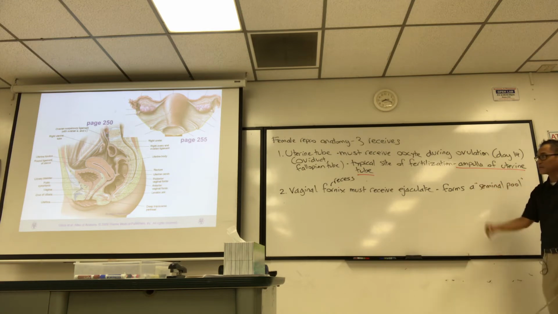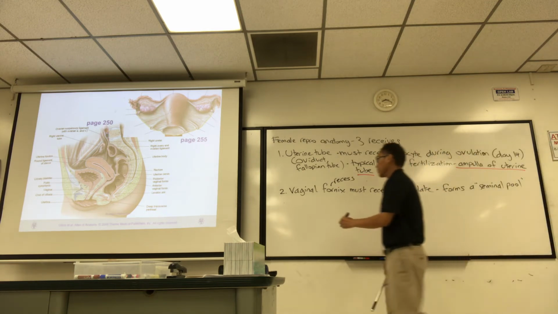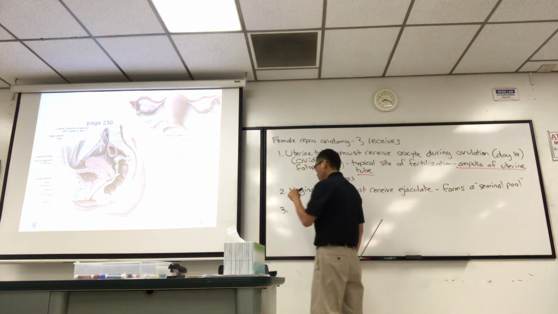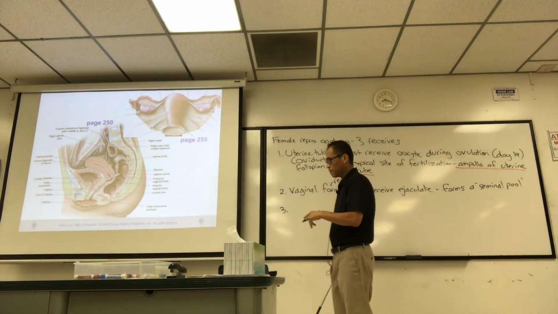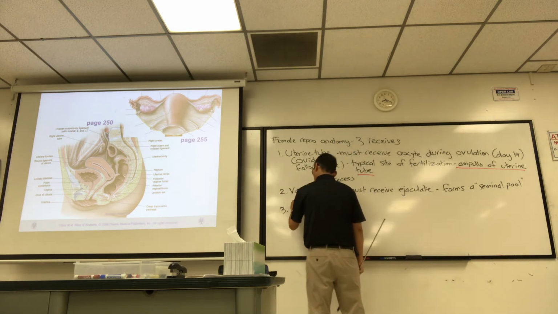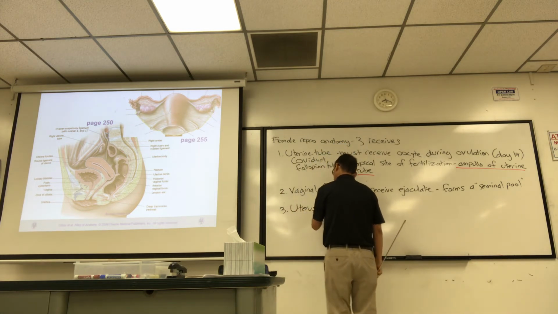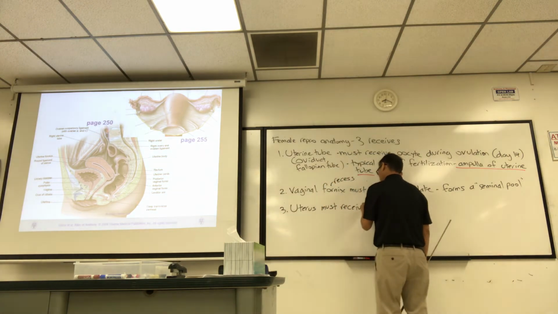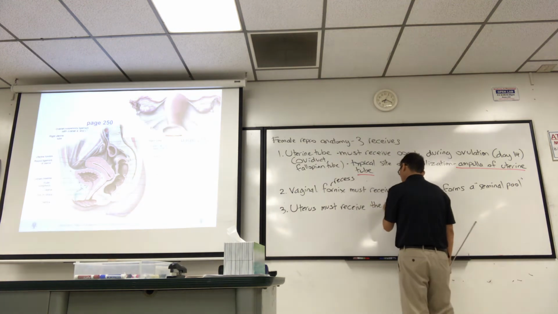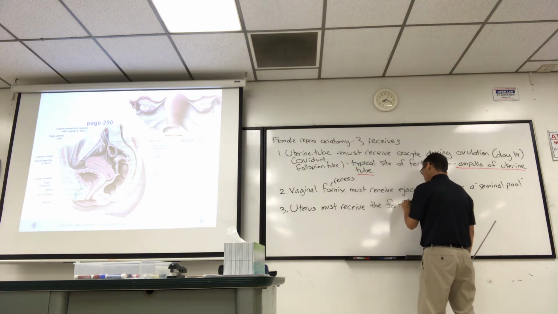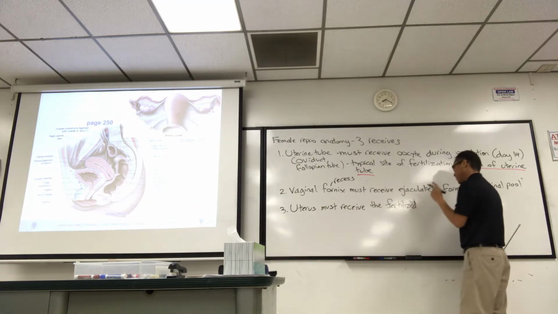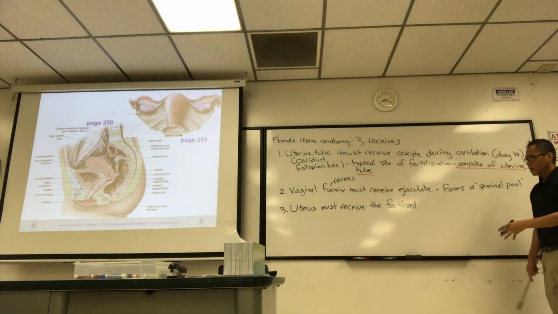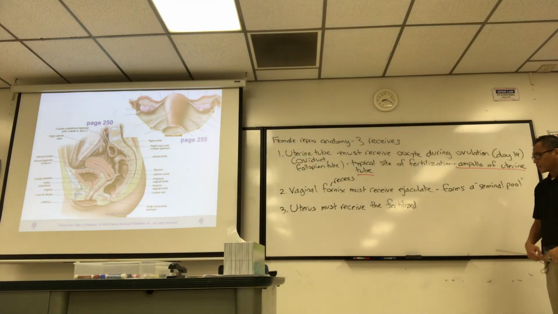The next journey is, the third receives is, the uterus must receive the fertilized oocyte for implantation. Now the fertilized egg, to be technical, and I like to be technical, this is a college class, it's called a blastocyst at that point in development.